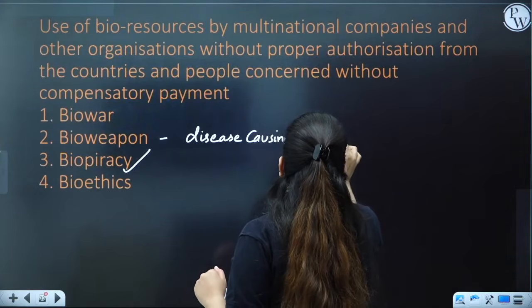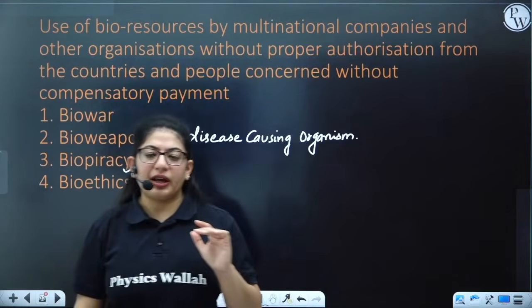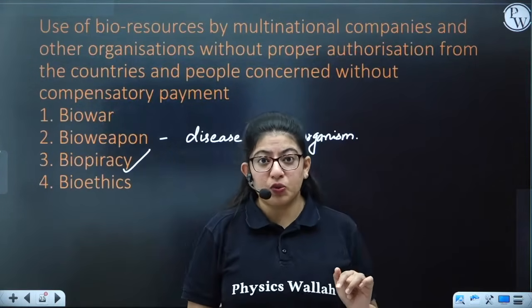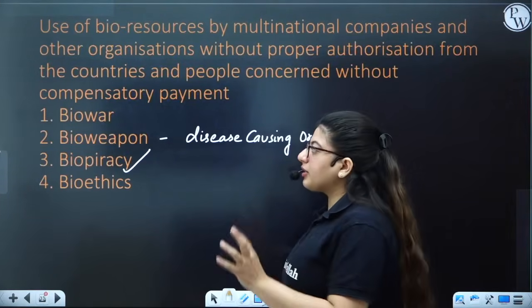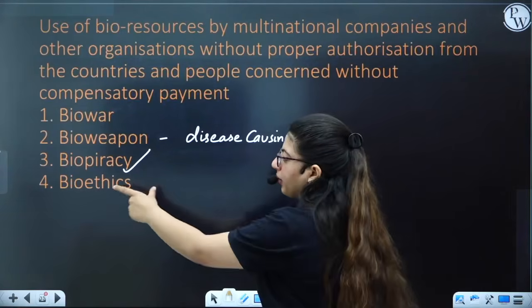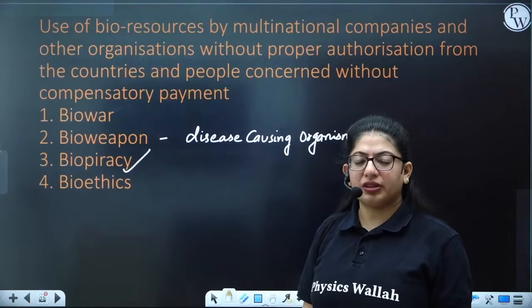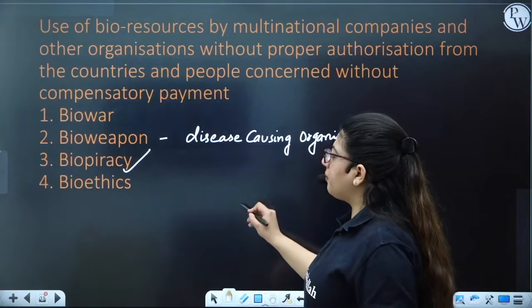One country will send the disease-causing organism; in the earlier time, the smallpox virus was used once to kill the people of another country. So that's a biowar in which biological weapons are used. Bioethics is the set of standards that you keep in mind while doing research. So the answer will be 3.